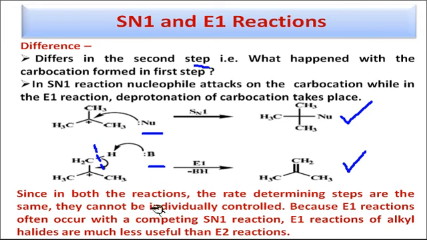Since in both the reactions the rate determining step is the same, that is the first step, they cannot be individually controlled because E1 reactions often occur with a competing SN1 reaction. E1 reactions of alkyl halides are much less useful than the E2 reactions.